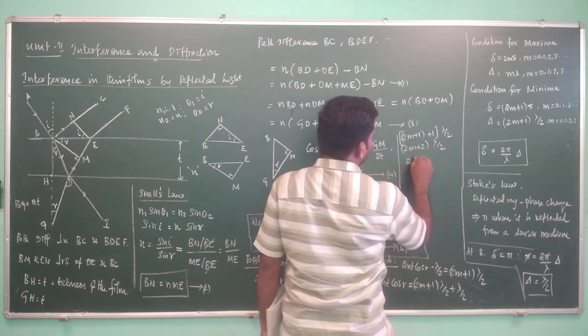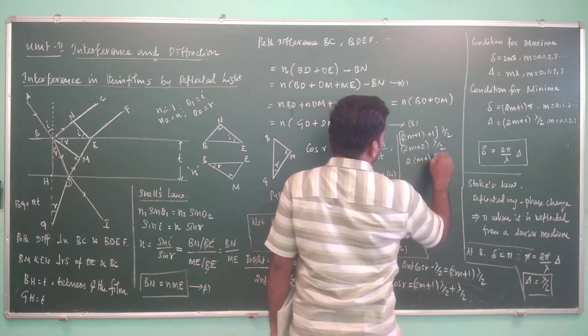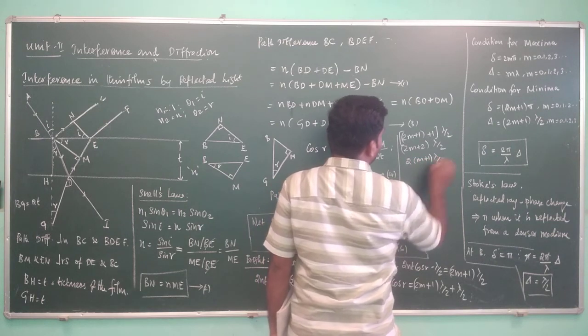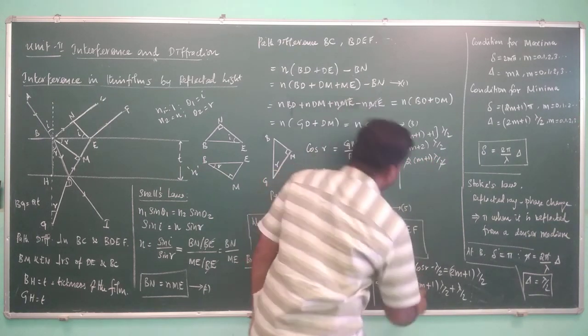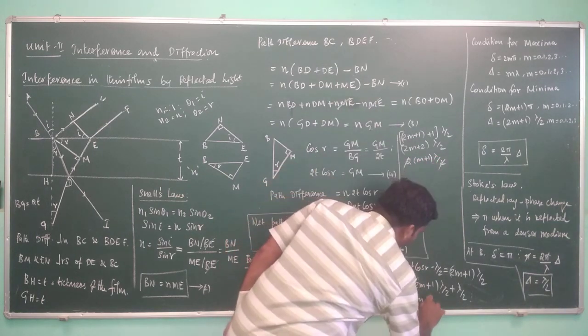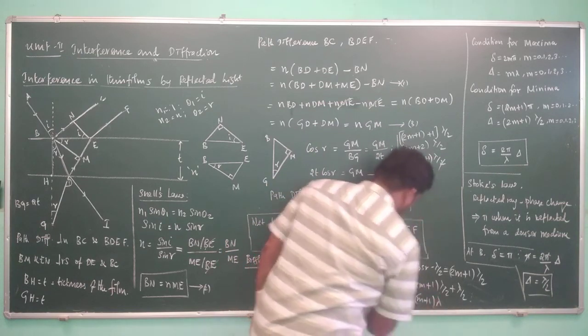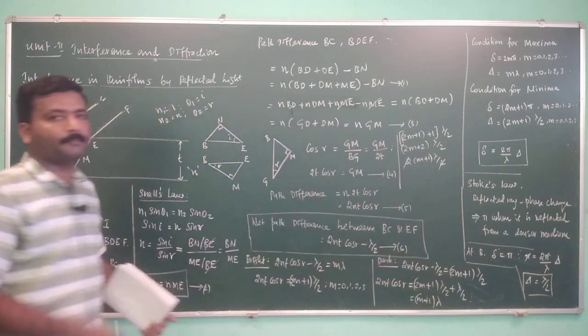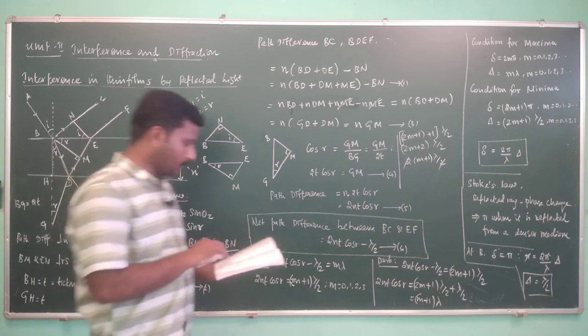You can take 2 common, so 2 times m plus 1 into lambda by 2, the 2s cancel out, so that we will get m plus 1 lambda. If 2nt cos r is equal to m plus 1 lambda, then you will get dark fringes.